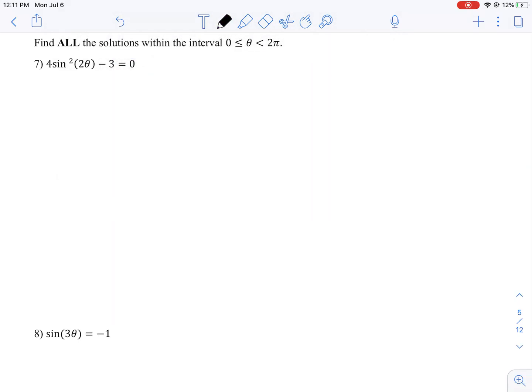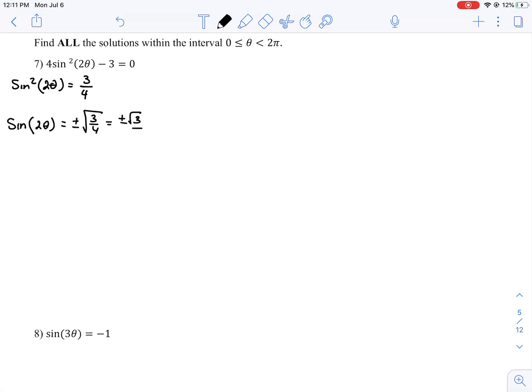The first thing I'm going to do is isolate the sine squared term by adding 3 to both sides and dividing both sides by 4. Next, I'm going to take the square root of both sides. That means sine of 2 theta is equal to plus or minus the square root of 3/4.